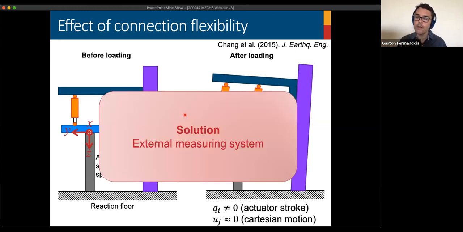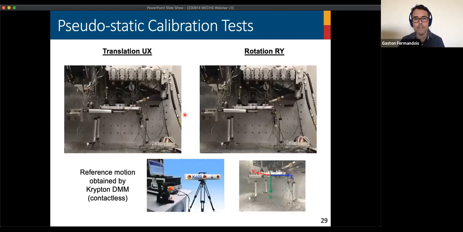A solution to avoid these problems is the use of an external measuring system. In our study, in addition to the actuator strokes measured using LVDTs, we added linear potentiometers, like these ones over here. These sensors measure stroke with respect to a frame that is fixed, that is not moving.